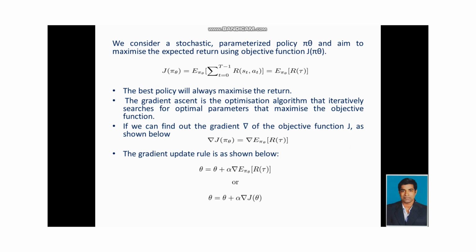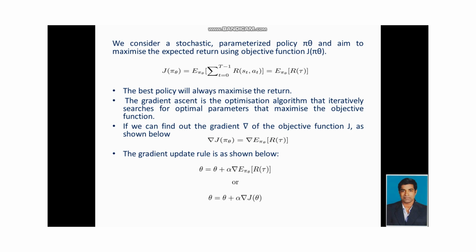Gradient ascent is the optimization algorithm that iteratively searches for optimal parameters that maximize the objective function. If we can find the gradient of the objective function J as shown below, gradient of J of pi theta equals gradient of the expectation under pi theta of R of tau.